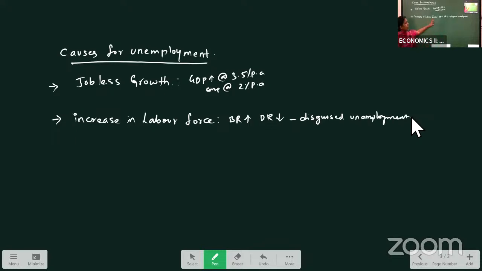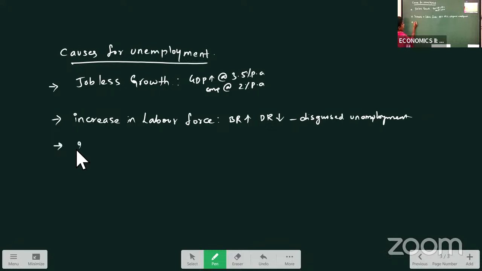So, increase in the labor force. In India, we have observed after independence, birth rates are increasing and death rates are declining. In the economy, we could not create sufficient jobs for the increasing population. So that resulted in disguised unemployment in the country.